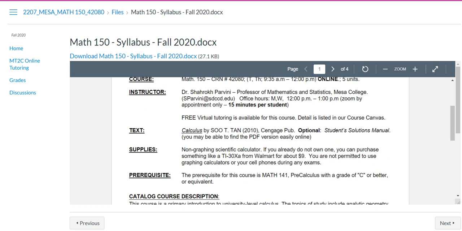Now, the supplies here being online, I'm not sure how this is going to go, but in a face-to-face situation, most of our instructors do not allow graphing calculators, for obvious reasons, because nowadays we're all aware that calculators are capable of doing not only graphing, but also integration and differentiation, that is, taking derivatives.